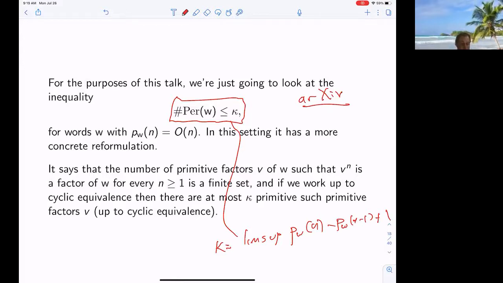In this setting, we can phrase what the periodic spectrum is more concretely in terms of the original motivating question. It's just saying that the set of primitive factors v such that v to the n is a factor of w is finite. And if we work up to cyclic equivalence of factors, there are at most k such words. I'll say what cyclic equivalence is in a bit.